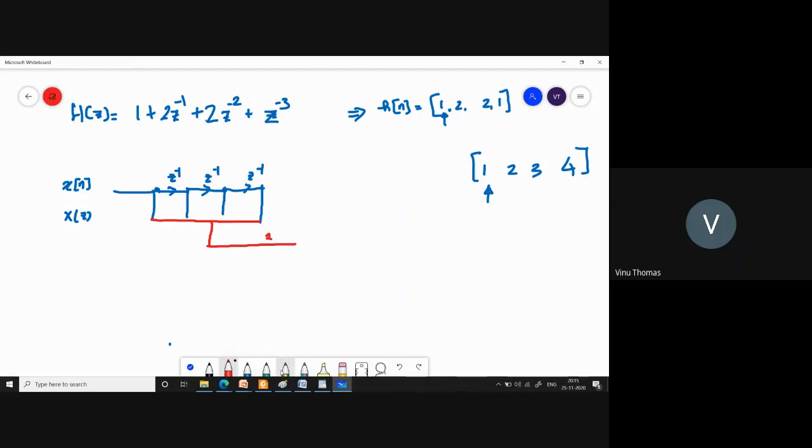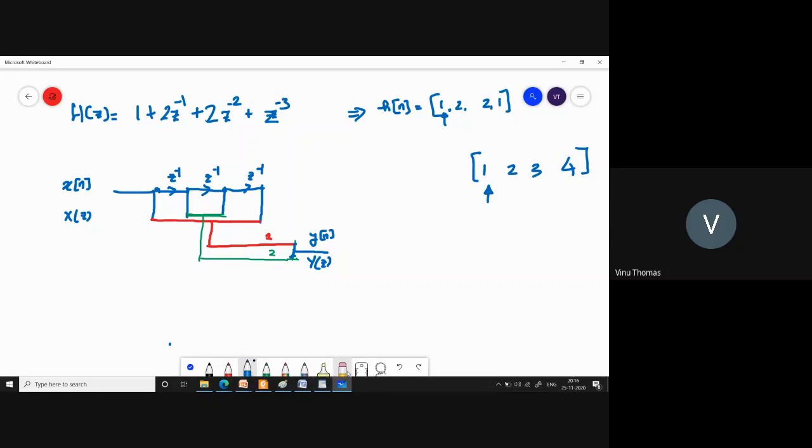Then we combine these two signals, add them, multiply by 1, 2, and then add these two. This is your output signal, y of n and Y of z. This is understood. So this is your type 2 filter.